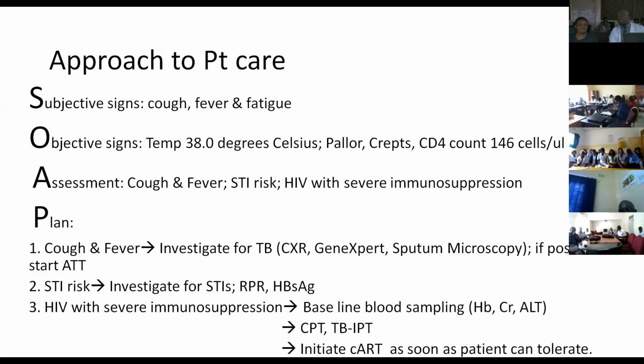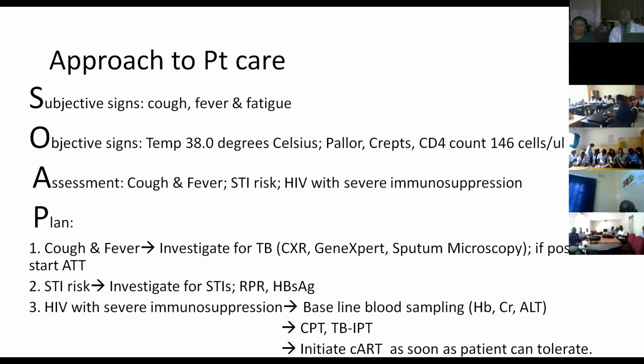Then the assessment, of course, this is a patient with cough and fever, which are positive TB screen symptoms. And then we understand that this is a businessman, which puts them at high risk of STIs, and then the patient also ultimately has HIV with severe immunosuppression, a CD4 of 146.